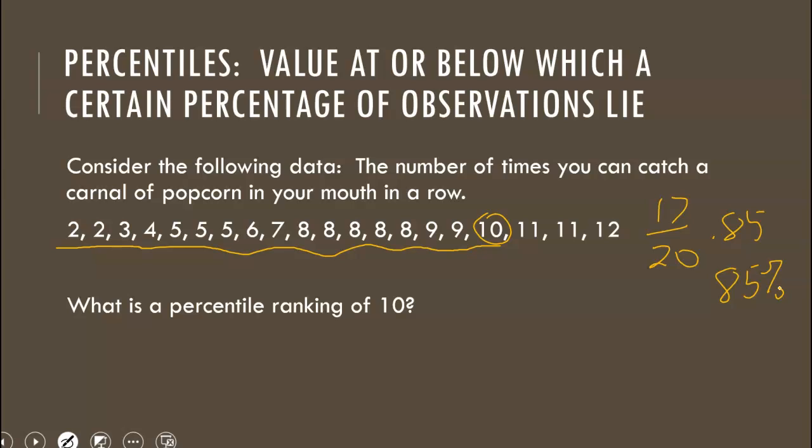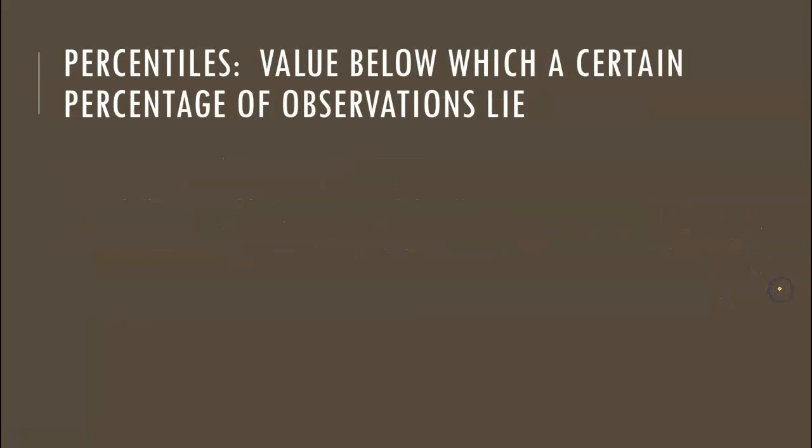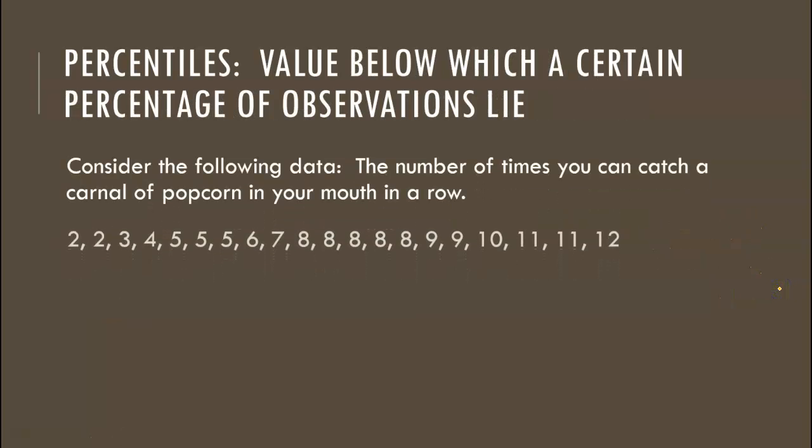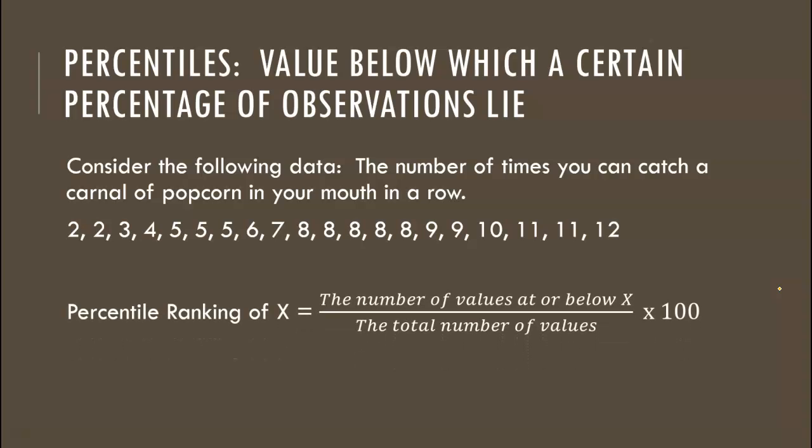But that would include anything that is at or below how well you did on the test. And so we could do this mathematically using this formula. We take the number of values at or below x, which in our case was 17. We divide it by the total number of values, which in our case was 20, and we multiply it times 100. And so that tells us what the percentile is at a certain number.